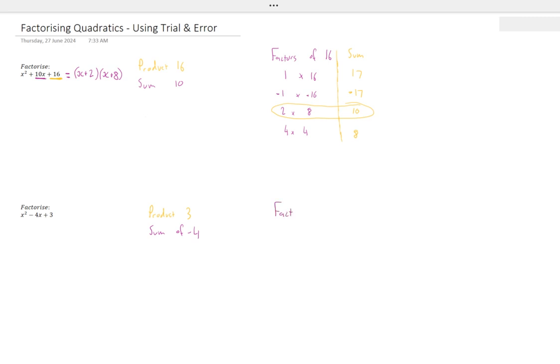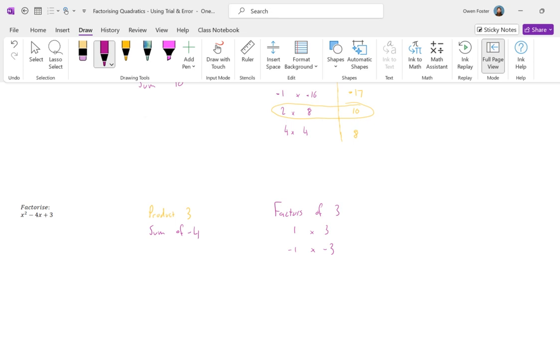So factors of 3. Well, 1 times 3 is 3. Negative 1 times negative 3 is 3, and that's all the factors that I can think of. We don't want decimals or anything like that, we just want whole numbers.